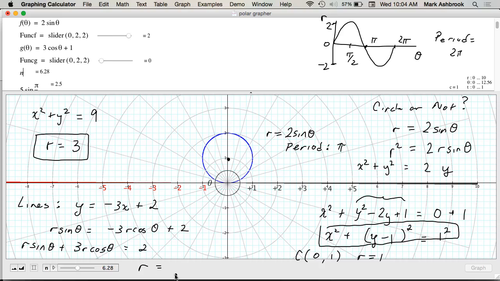Can I factor out r and then divide by the rest in one step? R equals 2 divided by what? Sine theta plus 3 cosine theta. How's that? Nice convenient equation there? Is that right? 2 divided by sine theta plus 3 cosine theta.